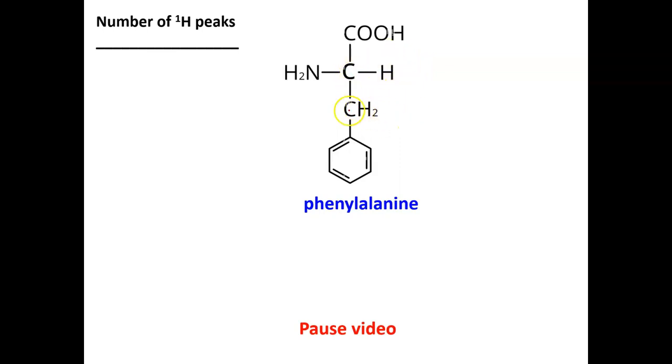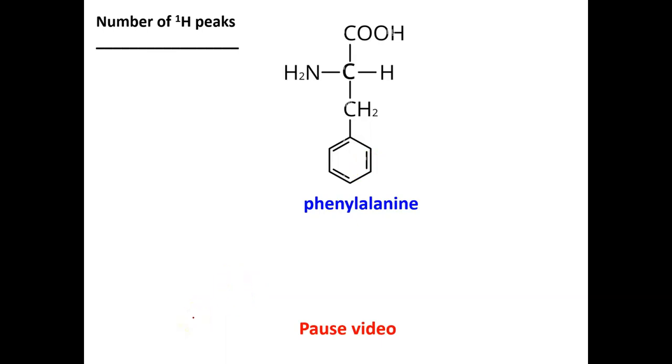The CH2 group, which is part of the amino acid R group, which is a group containing hydrogens attached to an arene ring, which of course contains hydrogens itself. So we've got 1, 2, 3, 4, and don't forget the arene protons, there are 5 of them. That makes 5 different peaks.